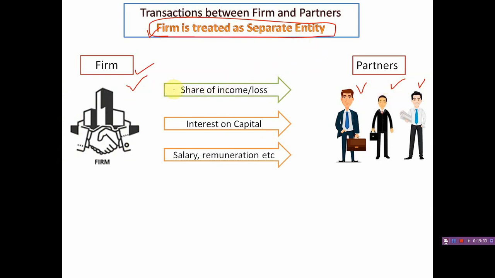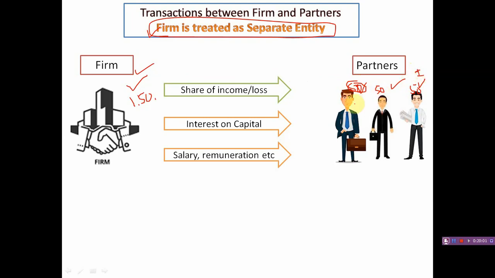Share of income or loss means, suppose a firm earned a profit after tax of rupees 1,50,000. If this income is distributed among the three partners equally, 50,000, 50,000, 50,000, this is the share of income from the firm and it is income to the partners.